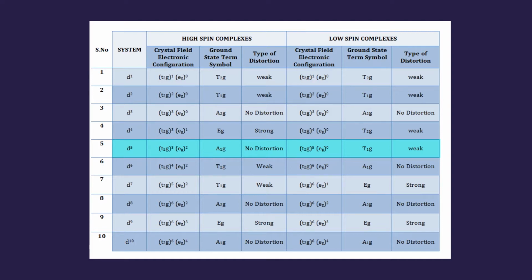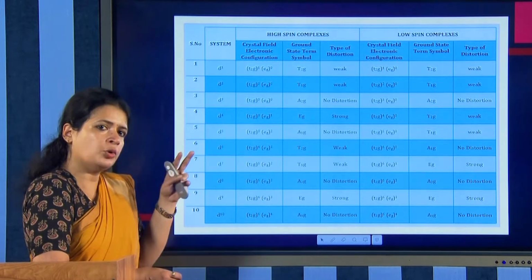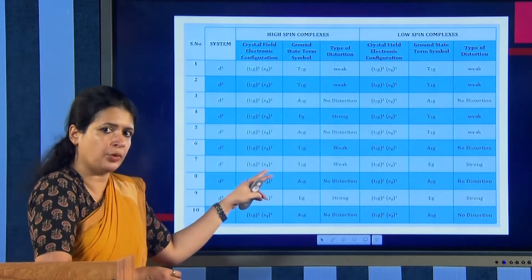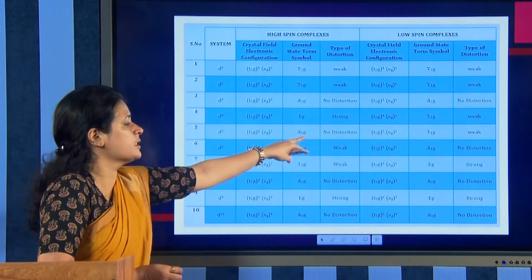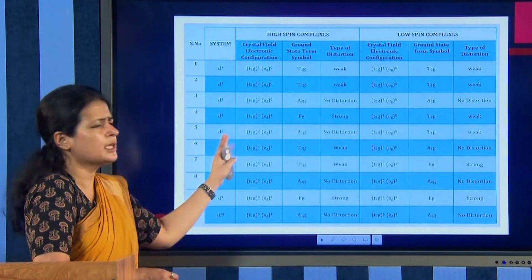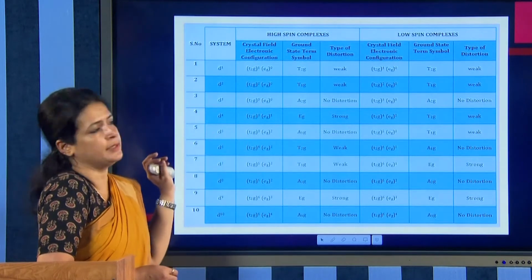For the 5th electron in the eg orbital, there are no options. After the 4th, it should go to the next eg orbital. So, that is why there is no distortion in the d5 system. That is, a complete absence of Jahn-Teller distortion in the d5 system.